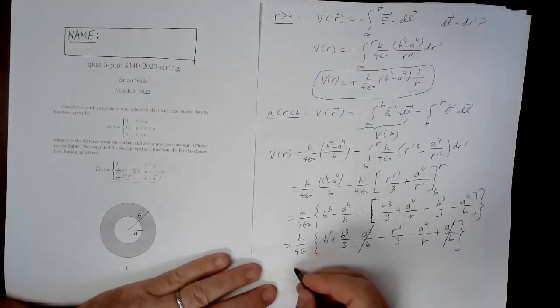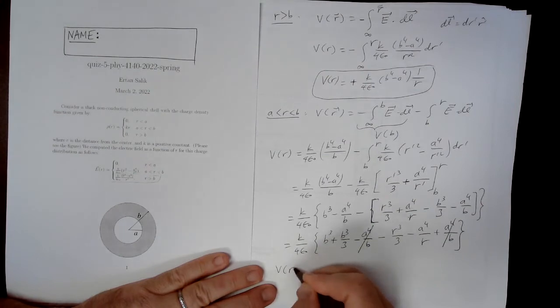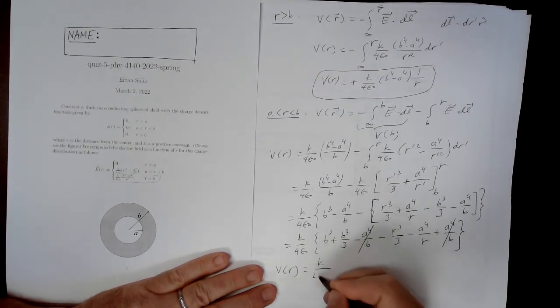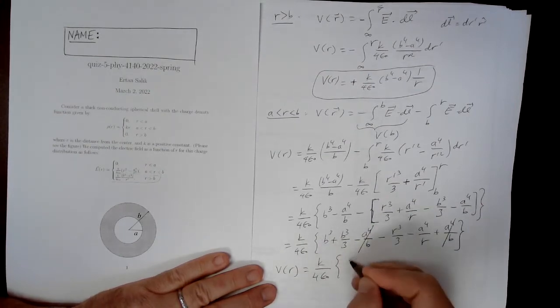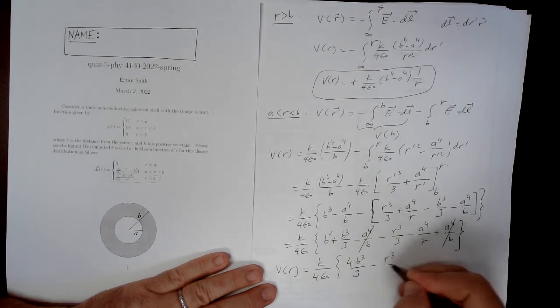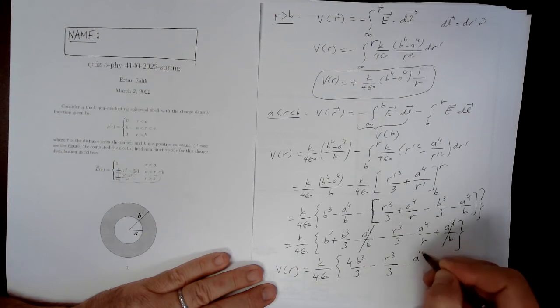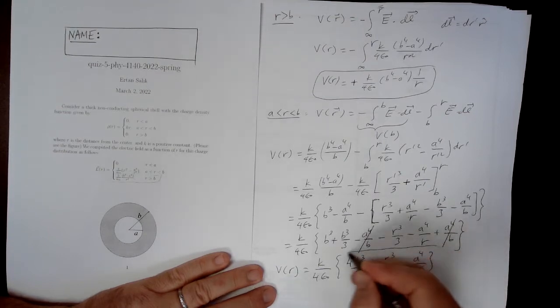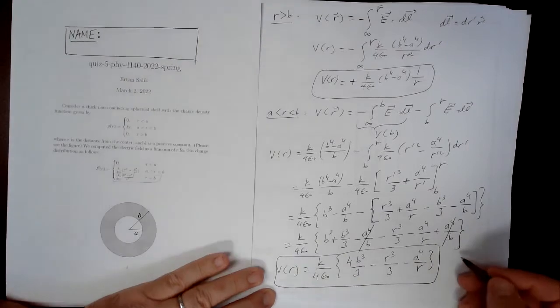This is 4B cubed over 3. So if we write the full function, we're going to get 4B cubed over 3 minus R cubed over 3 minus A to the 4 over R. Okay.